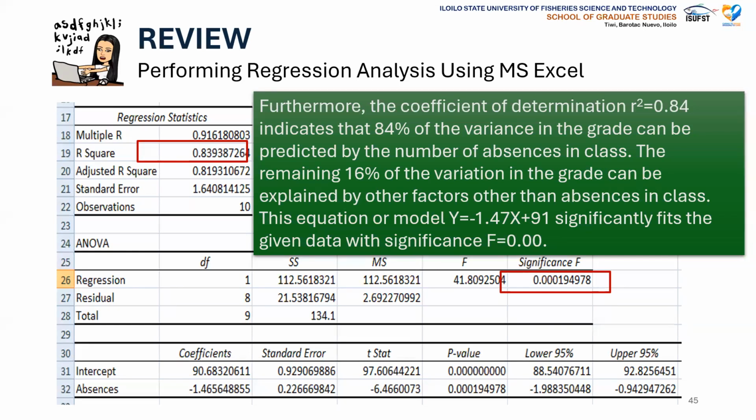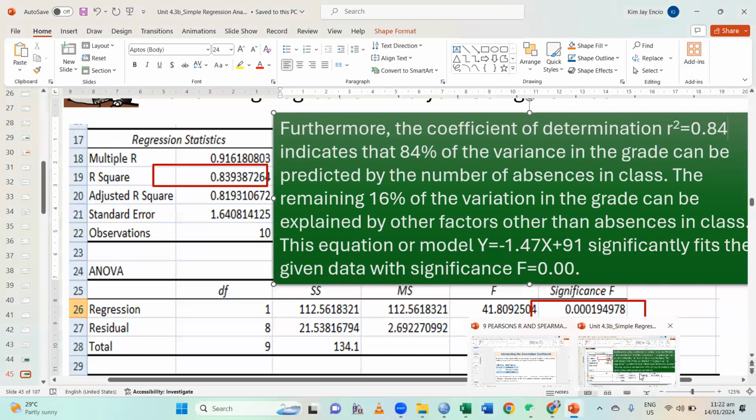That's why the remaining 16% of the variation in the grade can be explained by other factors other than absences in class. This equation or model y equals negative 1.47x plus 91 significantly fits the given data with significance F equals 0.000.